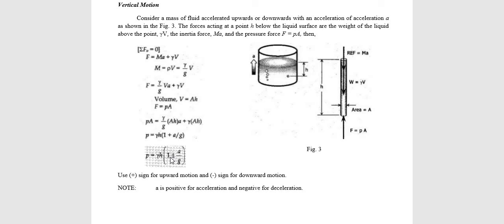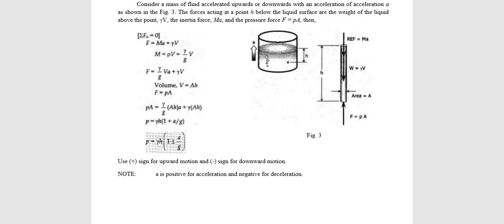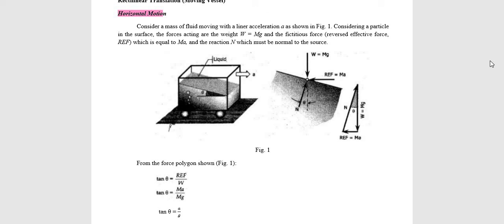Take note, the plus minus there will be our indicator when the movement of a vessel is upward or downward. We will use plus when the movement of our vessel is upward. But we will use minus, this one, when the movement of our vessel is downward. Okay? So, that is all for the concept behind the rectilinear translation of a moving vessel.